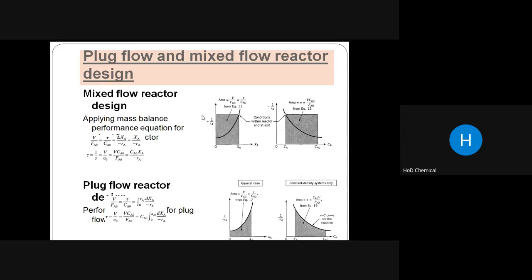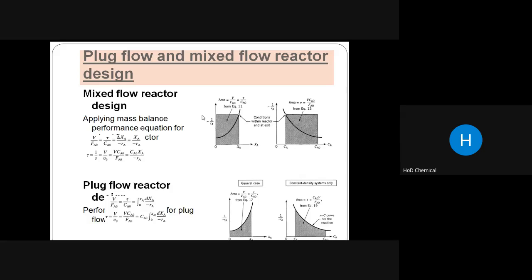Through this RTD, we can't directly measure the concentrations. So first we have to determine the RTD, and after that we go on to determine the concentrations.